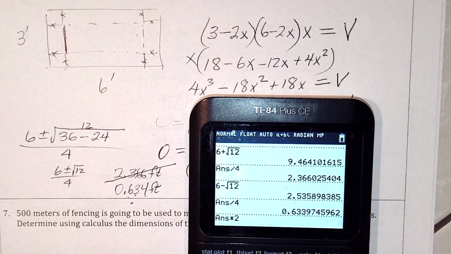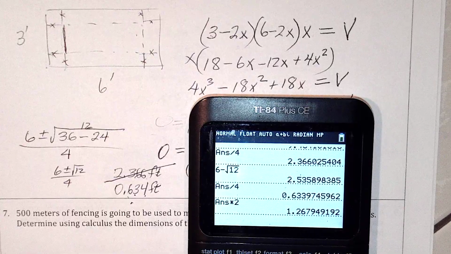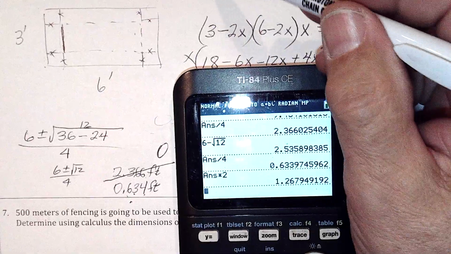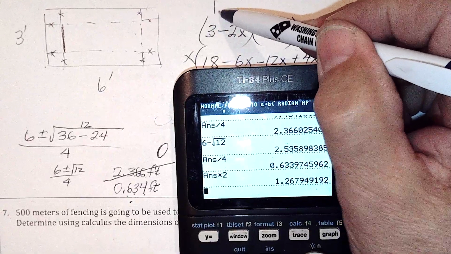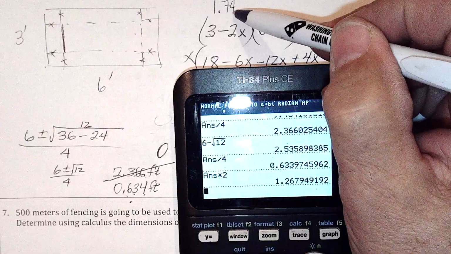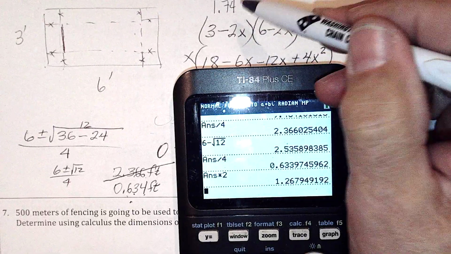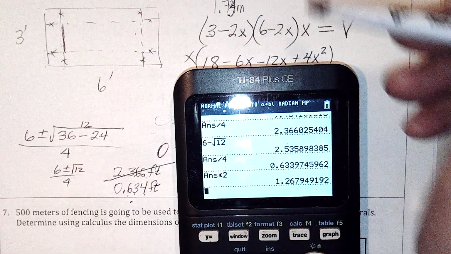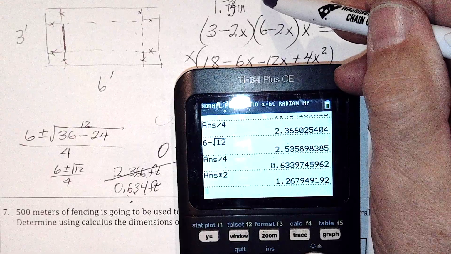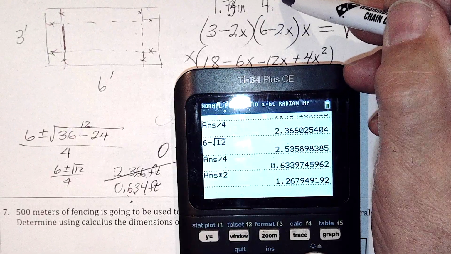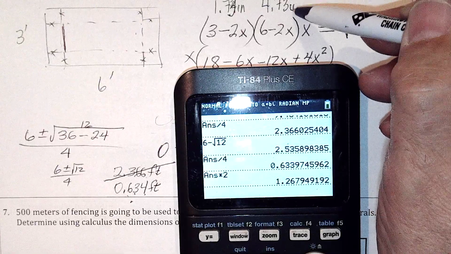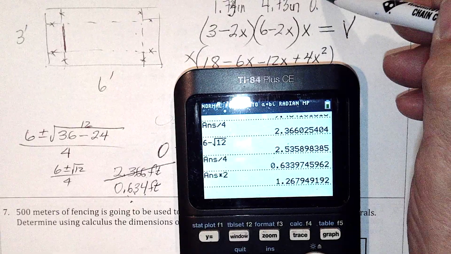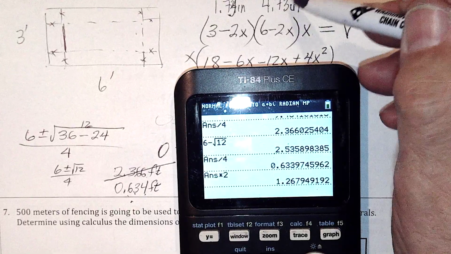Times 2 is 1.26. 3 minus 1.26 is 1.73 feet by 6 minus 1.26 is 4.73 feet, and x is 0.634 feet.